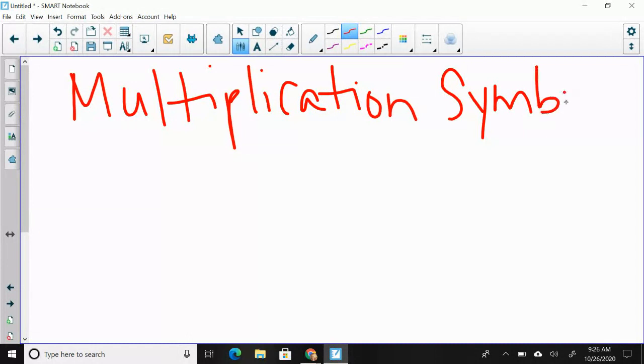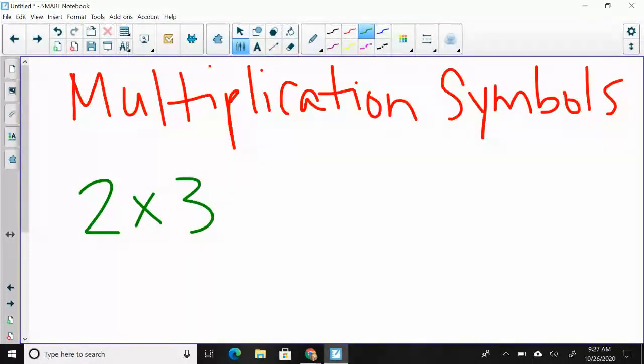So multiplication symbols. We have our regular symbol of the X. So this would be our symbol that we are used to seeing all the time, our traditional multiplication symbol. Sometimes you have a solid dot like that.